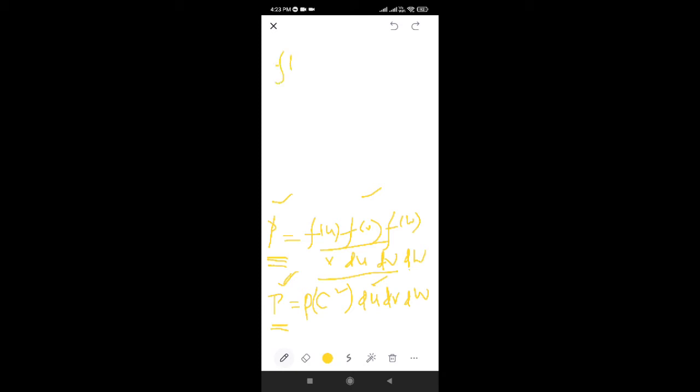So f(u) f(v) f(w) du dv dw is equal to phi of c square du dv dw. I am equating these RHS values because the LHS values are the same.